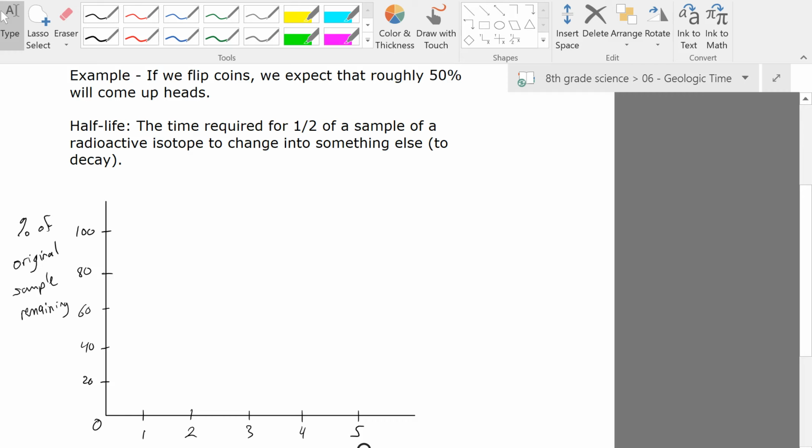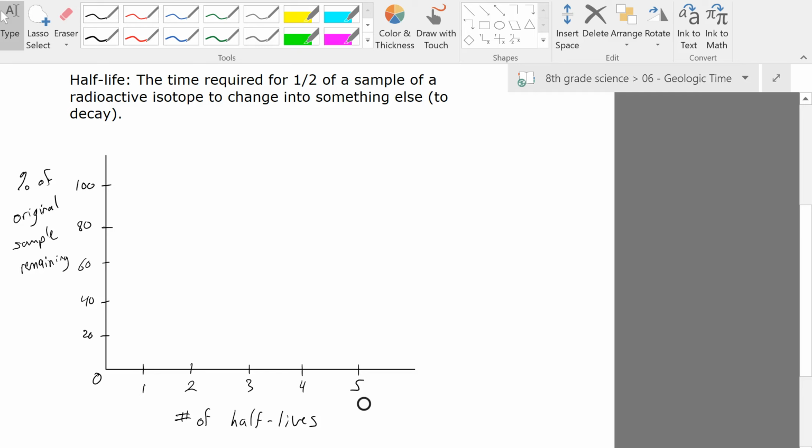So if we graphed this function, we've got on the y-axis the percent of the original sample that we still have left after some number of half-lives on the x-axis. If we start at 0 half-lives, we just have 100% of our original sample. No time has passed, so this is the original moment. After 1 half-life, we're going to be down to 50%.